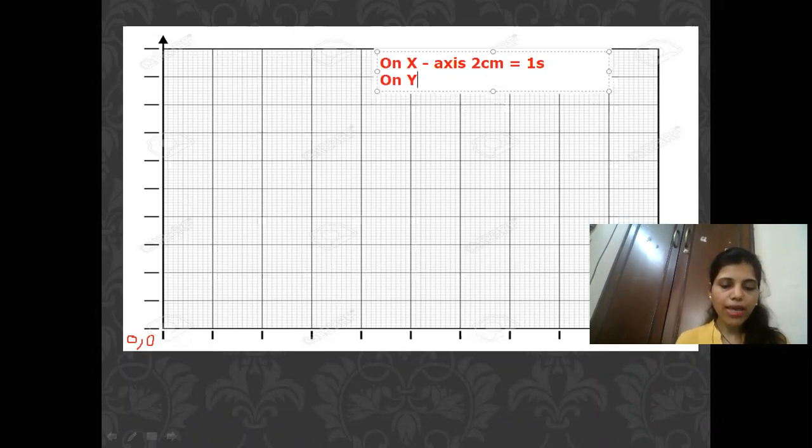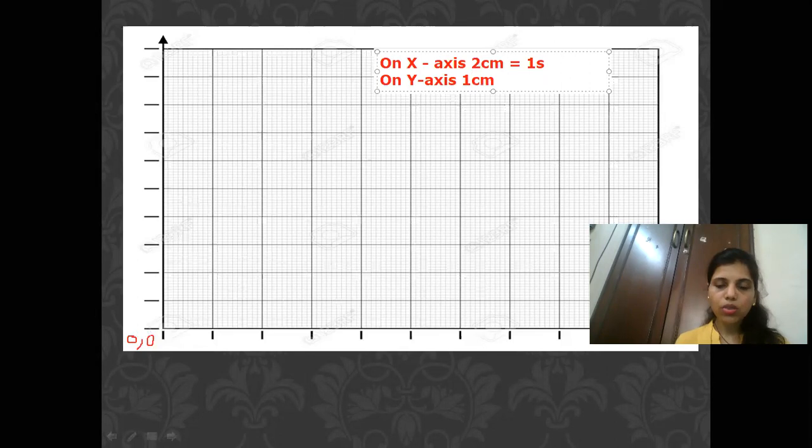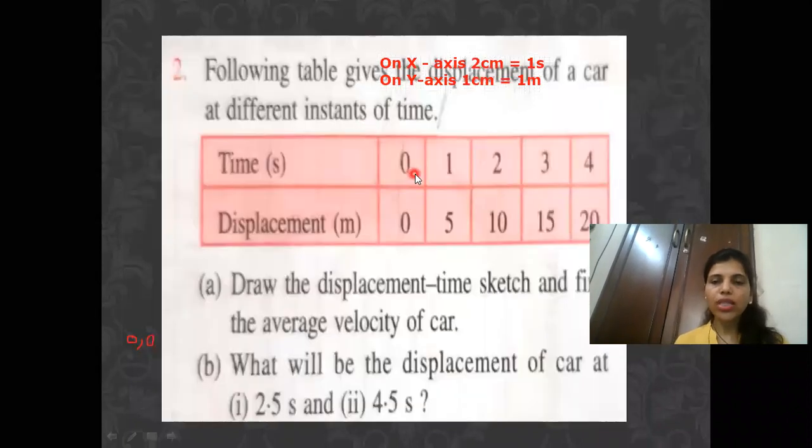And on the y-axis, as you can see, there it is one box. So 1 centimeter is equal to 1 meter. This is how I'm going to plot, because if you see the reading which is given to us, according to that it is 0, 1, 2, 3, 4.